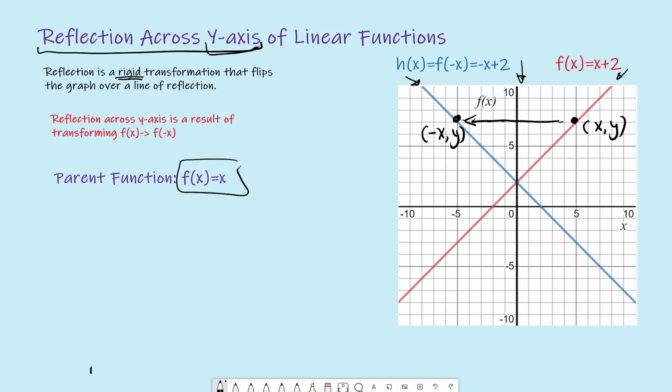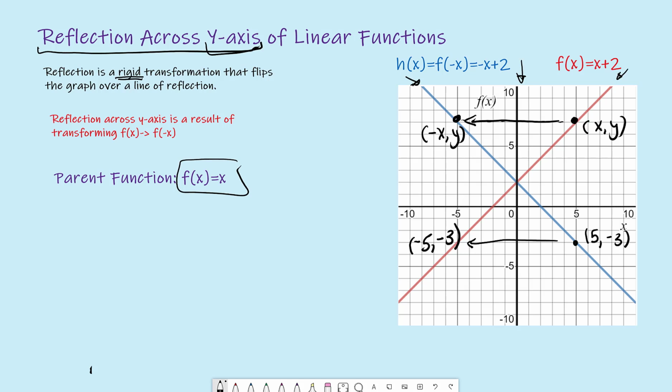The same goes for this point here. If this point is, we'll give the exact numbers, (5, -3), it will transform to (-5, -3). We change the sign of the x, but we keep the y value the same, the f of x.